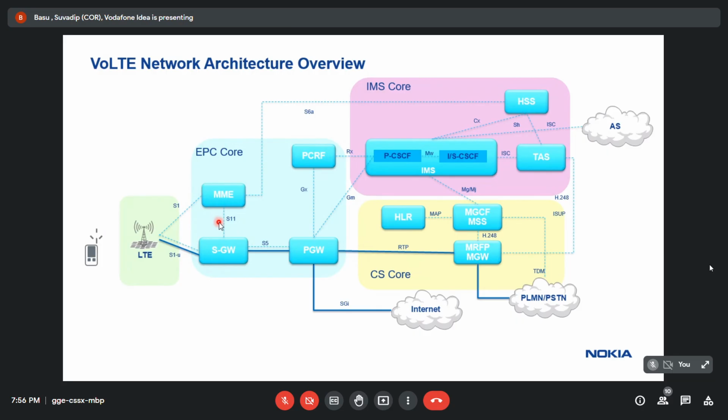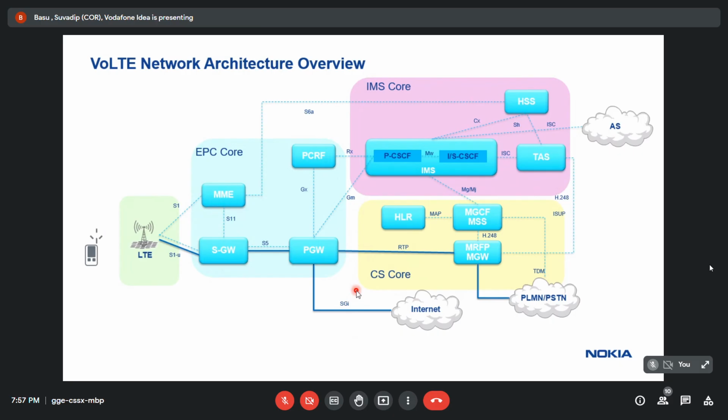Okay. Now the evolved packet core is connected to the IMS core, this pink block here. Okay. And here we have got the IMS nodes, pure VoLTE nodes. Down below in the yellow block, we have got the CS core nodes, or the circuit switched core nodes, which signifies that the VoLTE architecture supports interoperability.